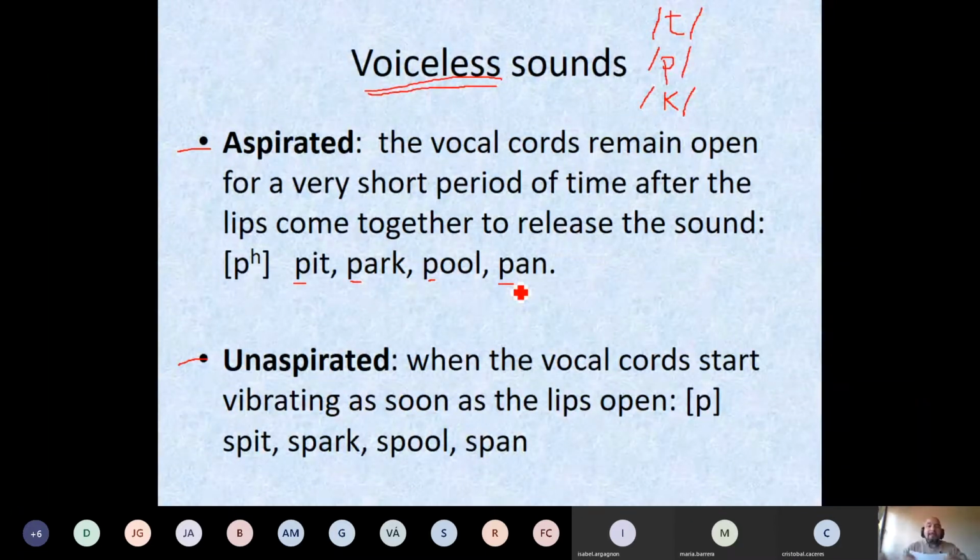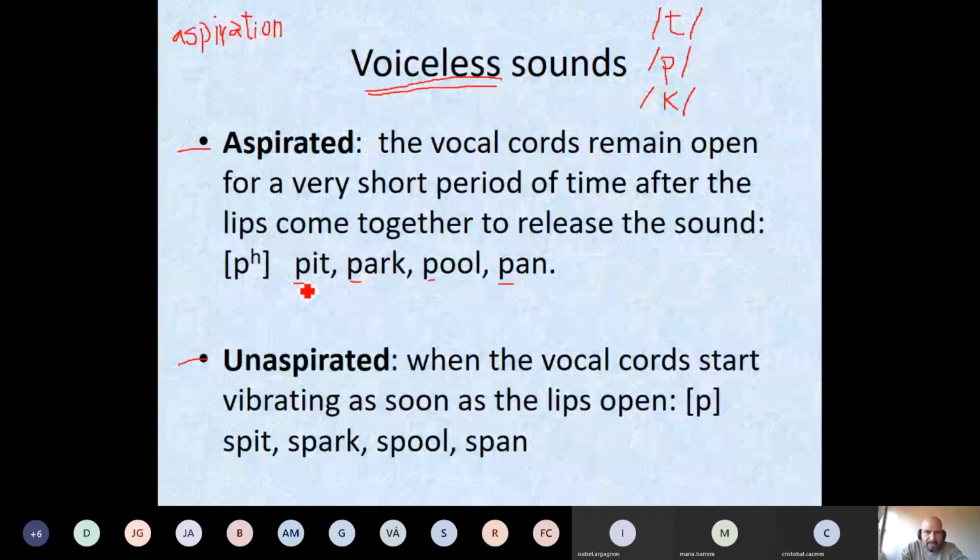Some teachers used a piece of paper: you say pit, puck, pull, pen, and you can see the sheet of paper shaking or moving. That is called aspiration. The feature of aspiration is present in voiceless sounds in initial position, such as pit, park, pool, pan.